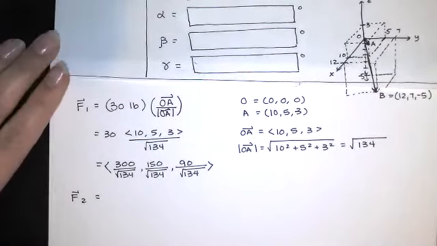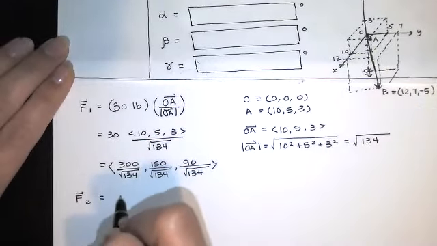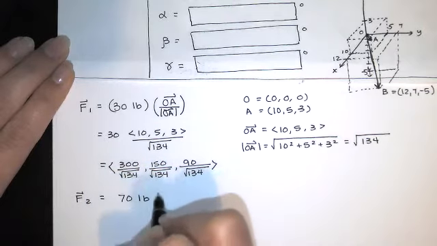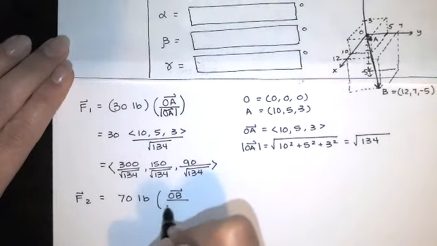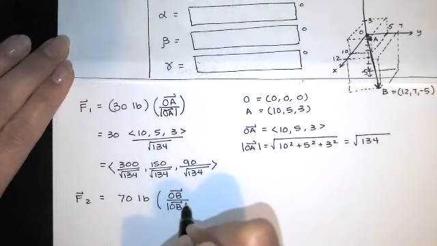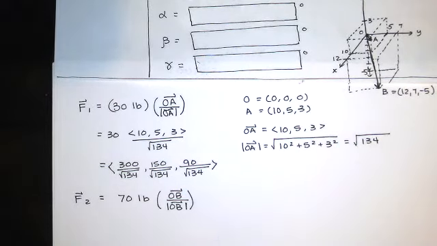And it has the same direction as that vector OB. So we're going to take OB that points in the right direction. We're going to divide by its length to make it a unit vector in that direction. And then we're going to rescale it. We're going to multiply by 70 pounds.